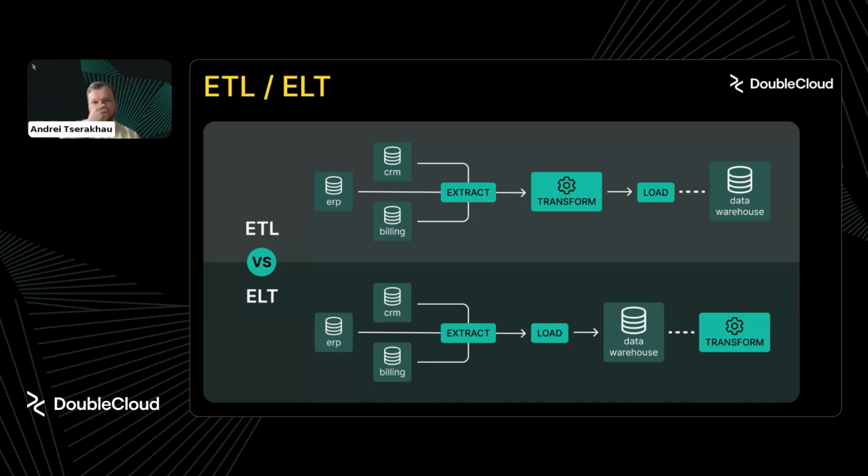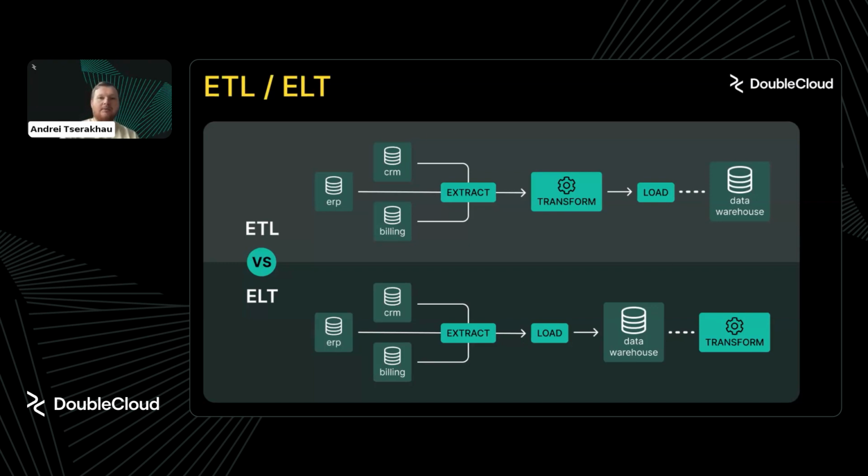I actually want to add here that these two approaches are more or less the same. The defining goal here is just putting data in a data warehouse in a final table. That's basically it. But the devil is in the details, and the detail here is where to perform transformations.